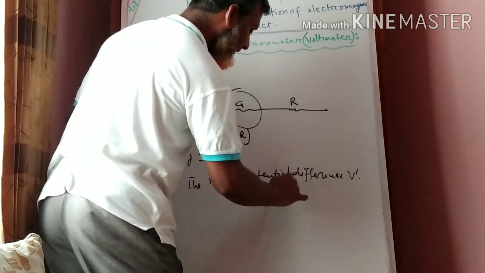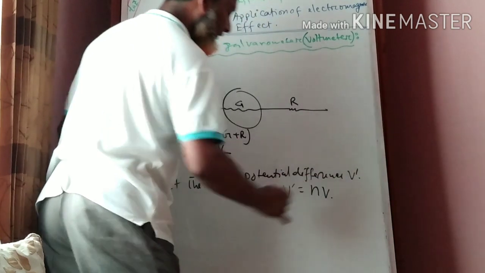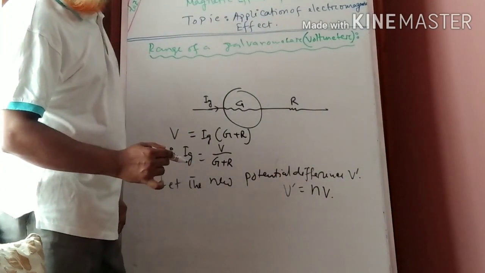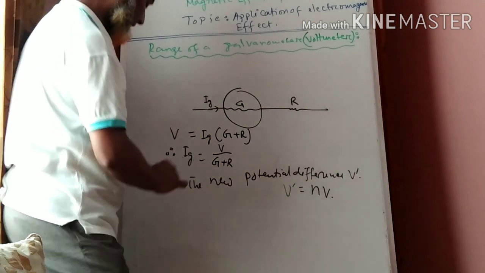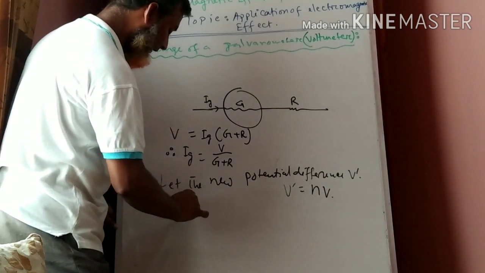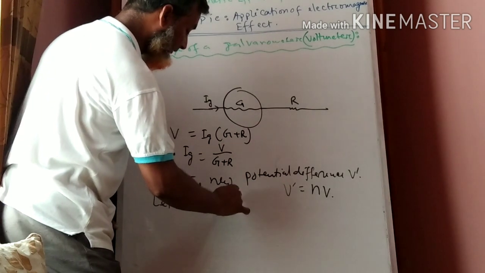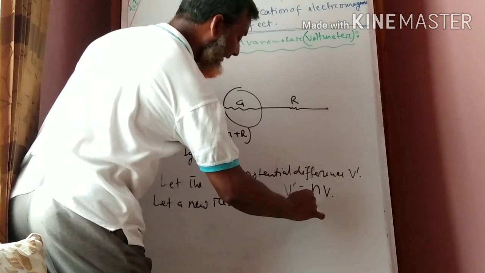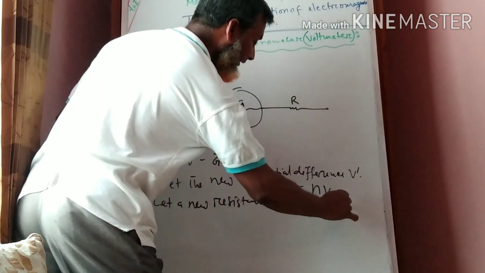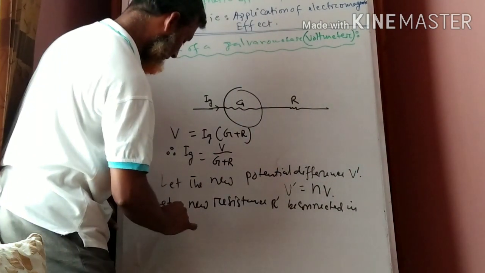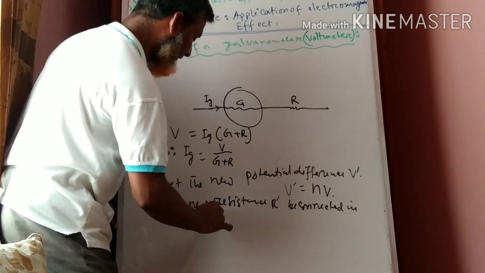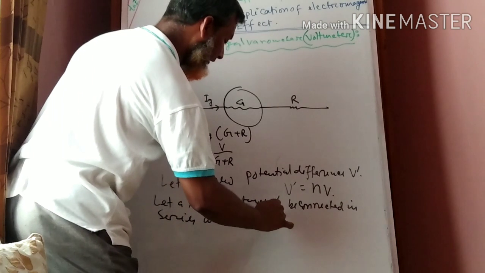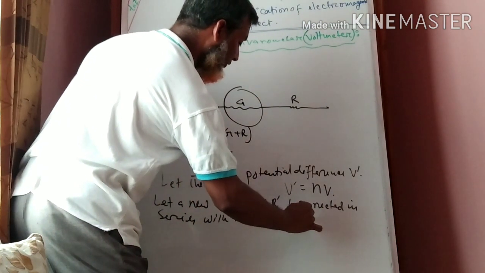V prime equals nV. Let a new resistance R prime be connected in series with the galvanometer or voltmeter.